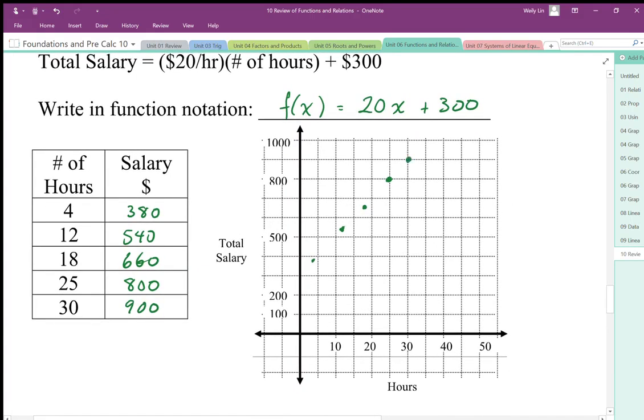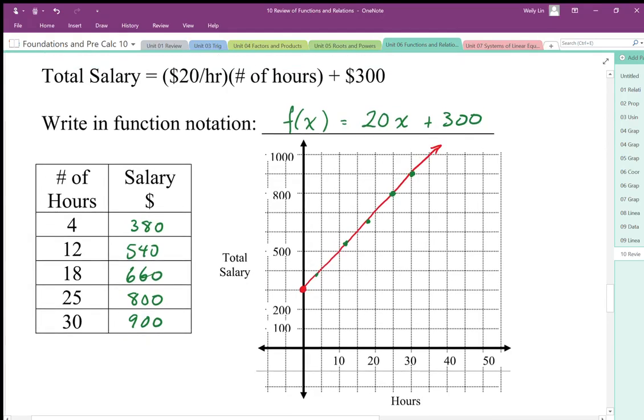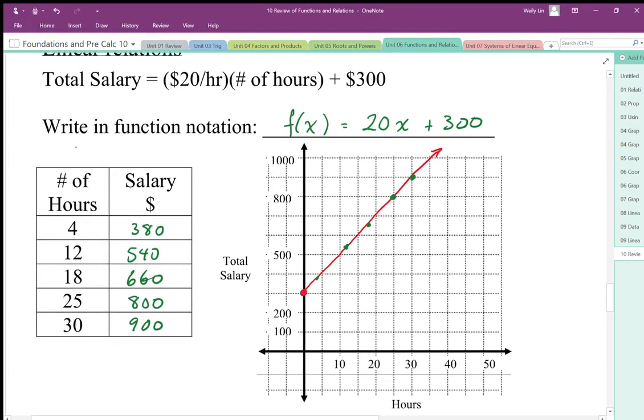Okay, so it looks like there's a linear relationship going on, so I'm just going to draw in my straight line pattern. I have no reason to believe that this is not a straight line, and then I'm going to start it at that point. In fact, we kind of know that at 0 we're starting with $300, and that represents my y-intercept.